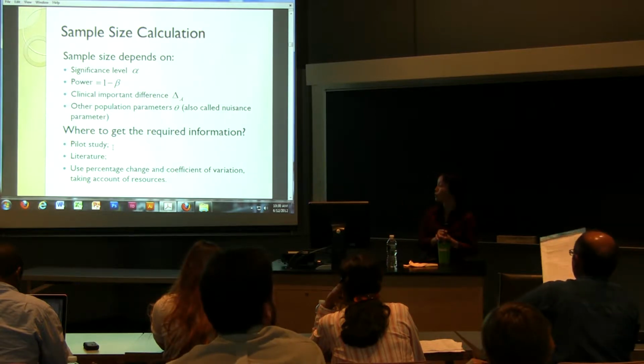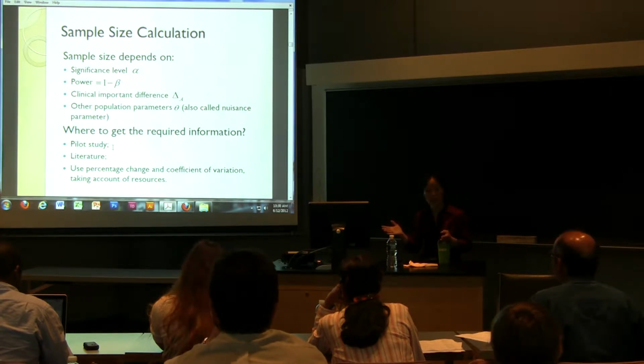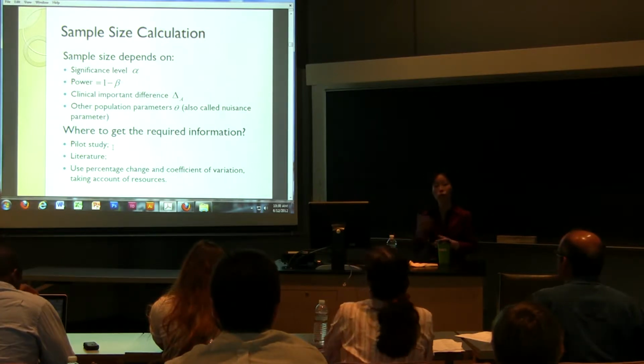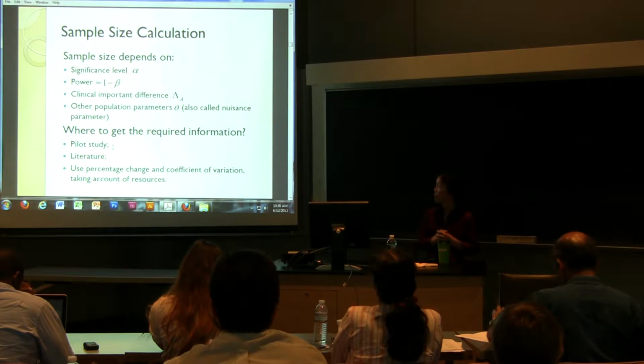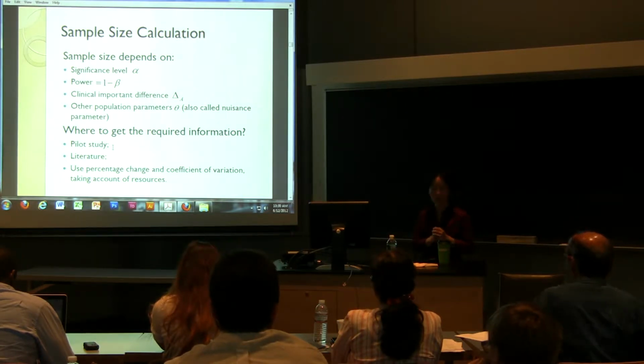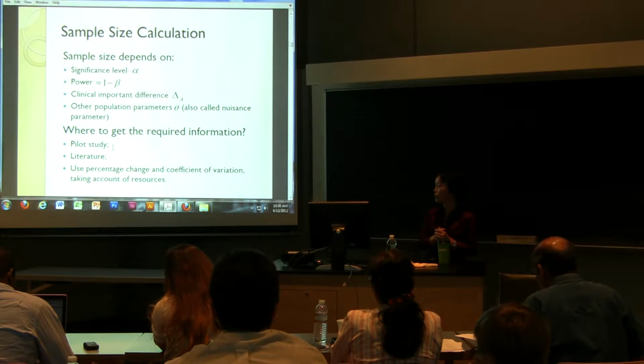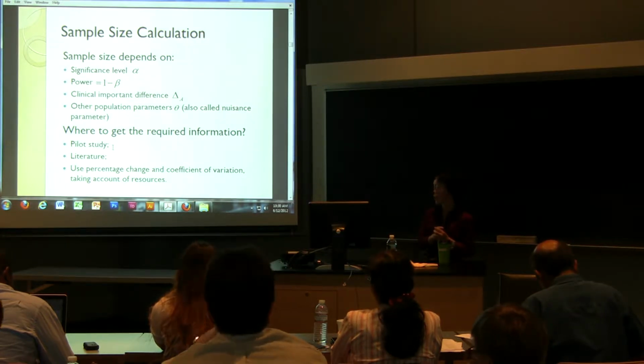Another way is from the literature, where people published a similar experiment or similar study, so we can borrow the information from literature. If we don't have resources to do a pilot study, and we also cannot find any information from the literature, another way is to use percentage change and the coefficient of variation.